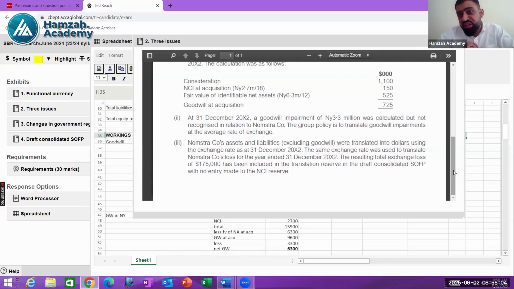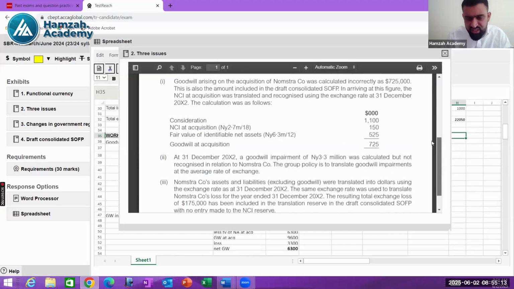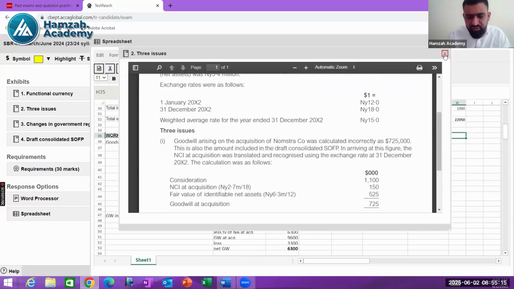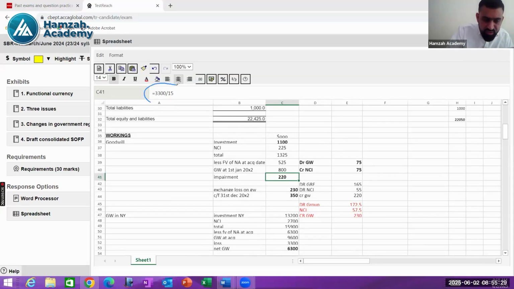And they translate the impairment on goodwill using the average rate, which is 15 NY. The impairment has not been recorded. So your impairment is 3.3 million. Translated using the average rate, in dollar terms, your impairment is 220.